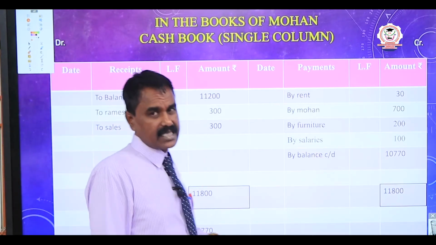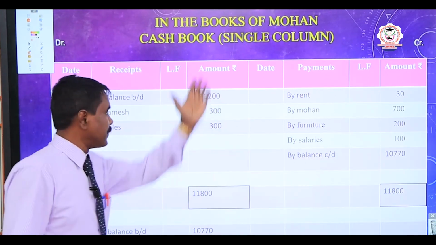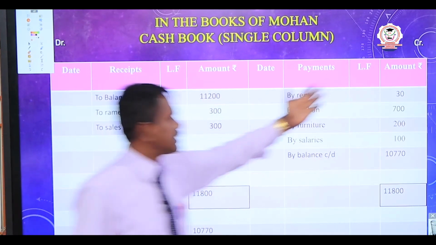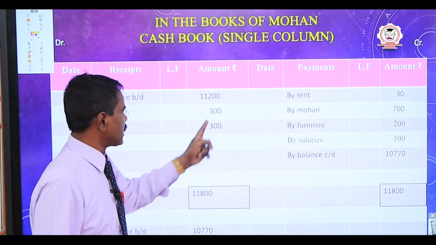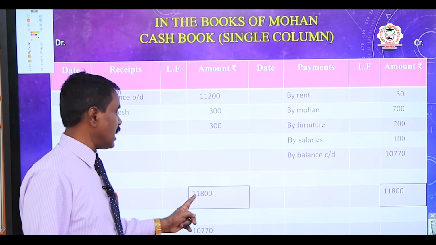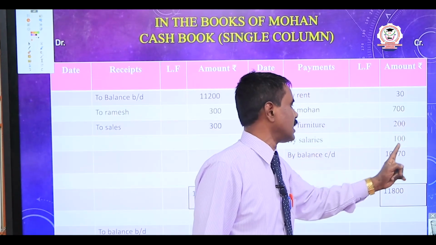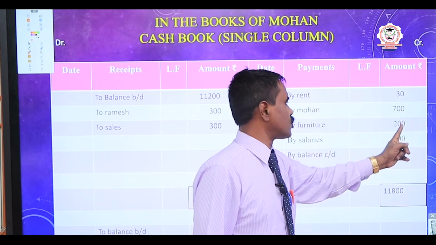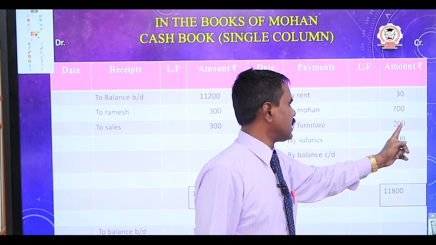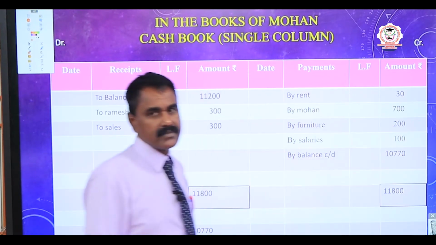How can we find out the balance? Check which side is greater, debit side or credit side. Debit side: 11,200, 300, 300, total 11,800. On the credit side: 30, 700, 200, 100. 700 plus 200 is 900, 900 plus 100 is 1,000, total 1,030 only.